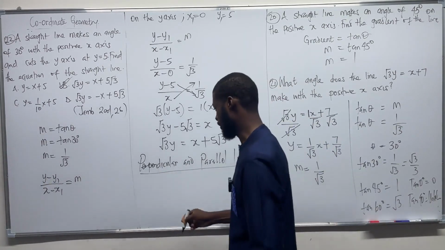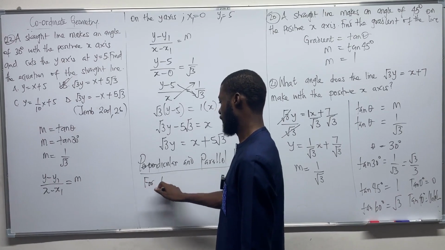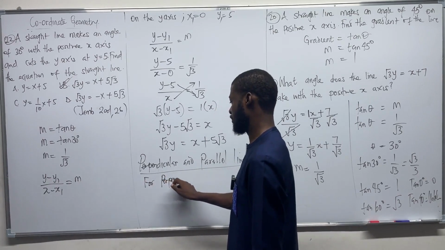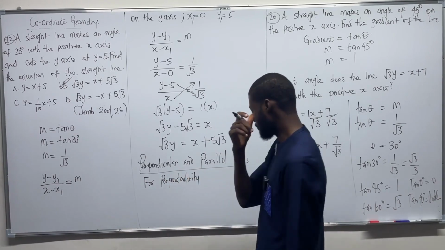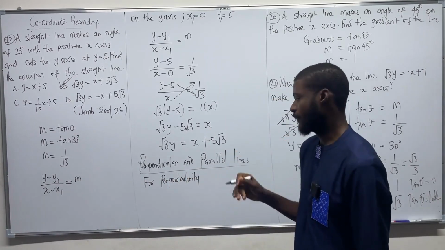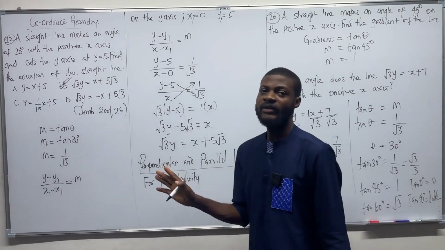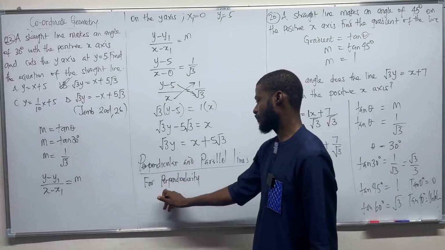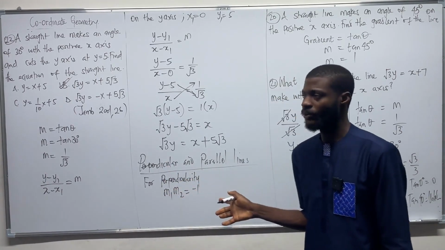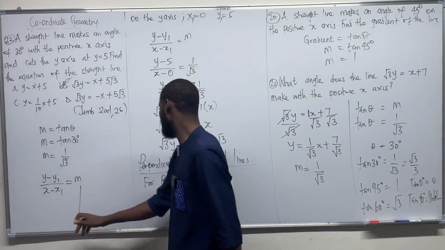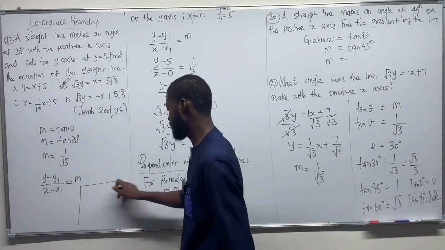So for perpendicularity, the condition for two lines to be perpendicular is that the product of their gradients must equal -1. M1 M2 is equal to -1. There's a way to derive this. Remember that formula I gave that I said JAMB will not ask you?